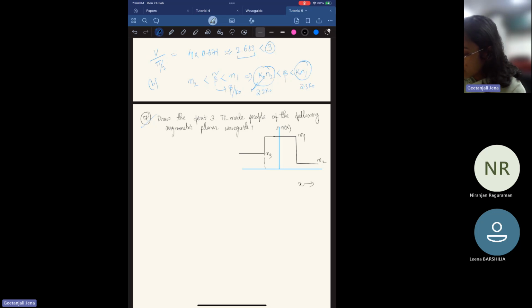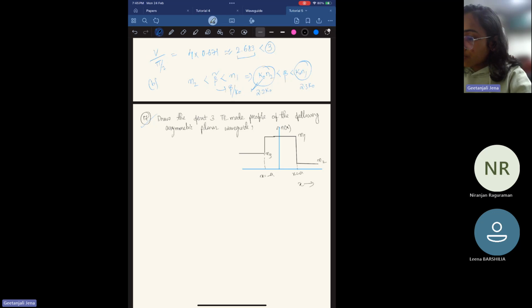This profile is given. So what will be the first 3 TE mode profiles in this asymmetric situation? It will be similar to what we have in the symmetric planar waveguide, but the decaying length will be different in cladding 1 and cladding 2.